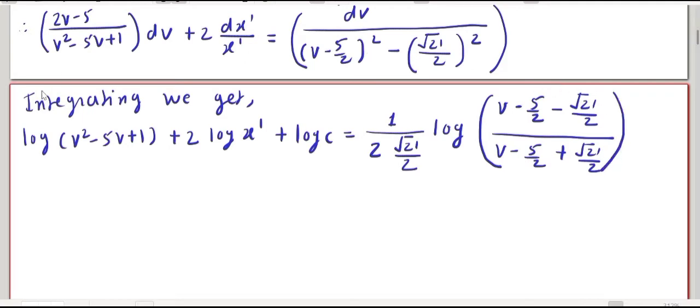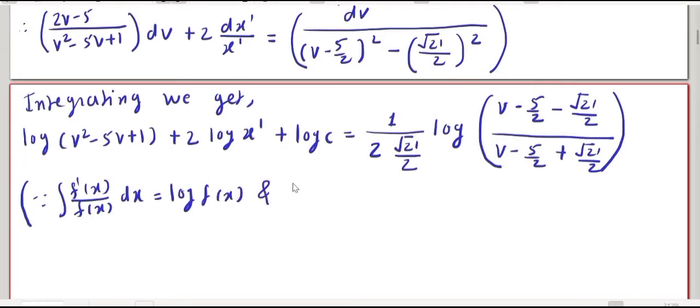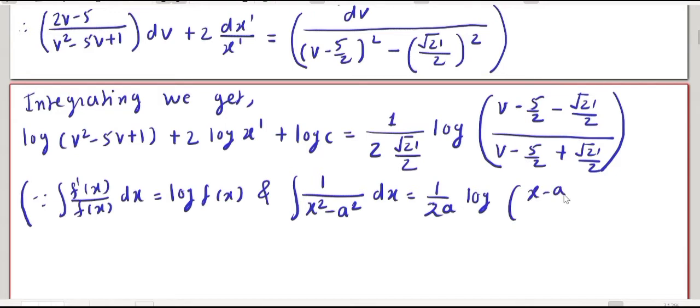So for finding the value of this integration, we use the formula: integration of f'(x) divided by f(x) dx is equal to log f(x), and integration of 1 upon (x square minus a square) dx, which is nothing but the x square minus a square form, is equal to 1 upon 2a log of (x minus a) divided by (x plus a).